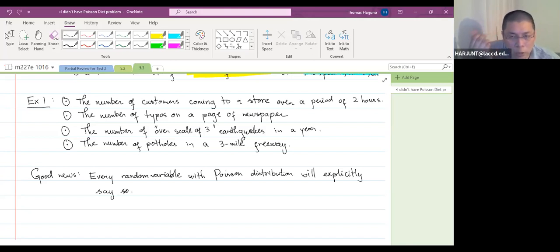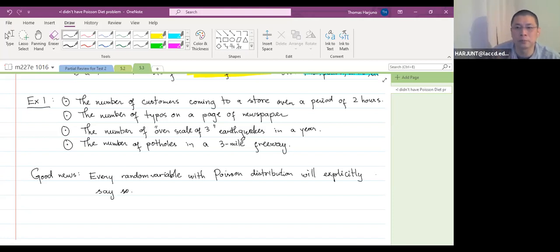That you need to come up with on your own. But when it comes to Poisson distribution, they will have to tell you, okay? Even though after some practice, you will realize that the number of arrivals, the number of incidents over a continuous domain, most of them, not all, most of them will follow Poisson distribution.